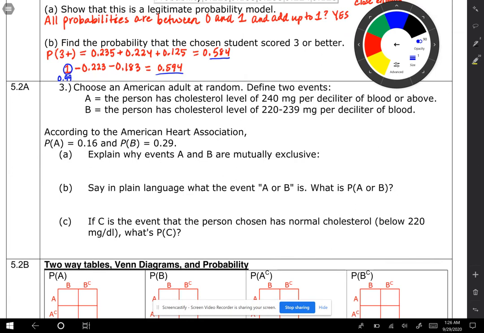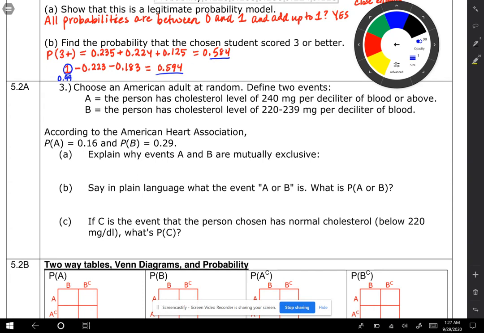Okay, in our last example for 5.2a, choose an American adult at random, define two events. Event A is the person has a cholesterol level of 240 milligrams per deciliter of blood or above. Event B is the person has a cholesterol level of 220 to 239 milligrams per deciliter of blood.